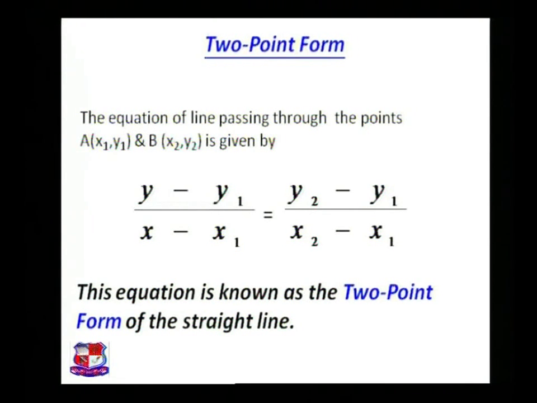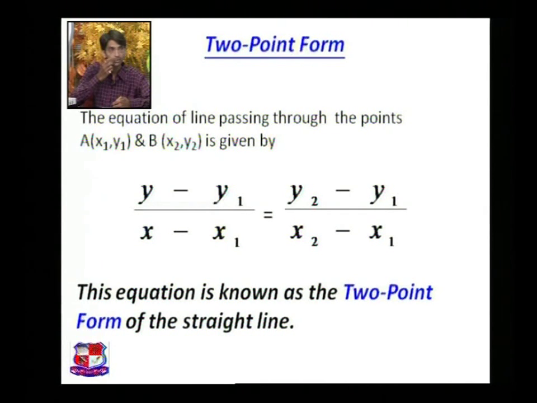2-point form. If we are given 2 points on the line and we need to find the equation of that line, then we can use the 2-point form. The equation of the line which is passing through the points A(x1, y1) and B(x2, y2) is given by y minus y1 upon x minus x1 is equal to y2 minus y1 upon x2 minus x1. Here we are using the coordinates of 2 points. That's why this equation is known as the 2-point form of the straight line.